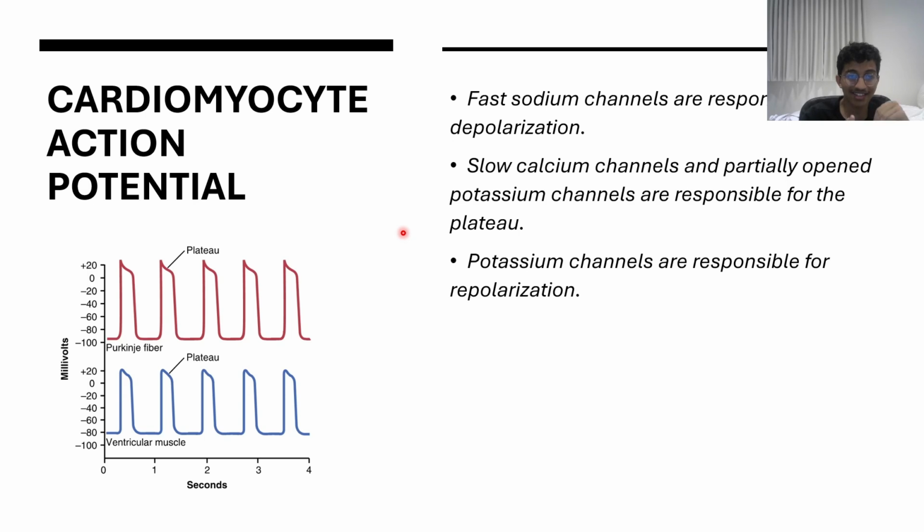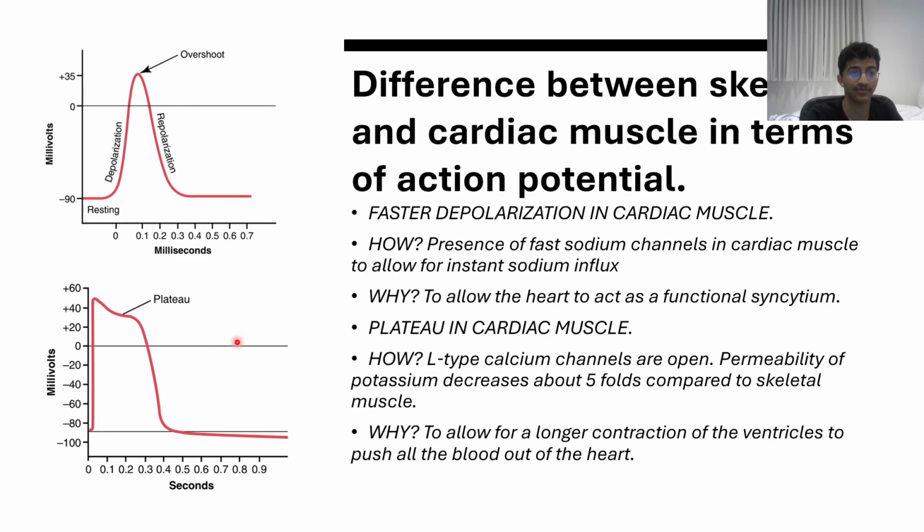It kind of cancels out, so there is no significant change in the membrane potential, which causes the plateau. And then calcium channels close, potassium channels open, which causes repolarization, and the cycle goes on again.